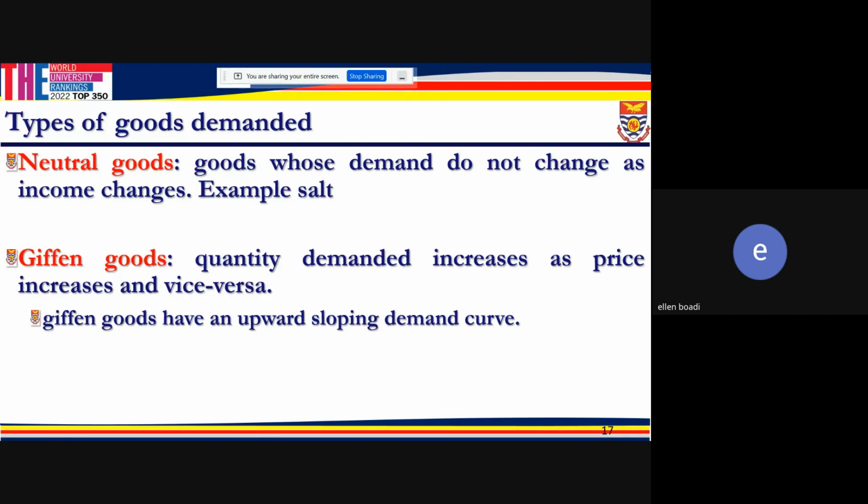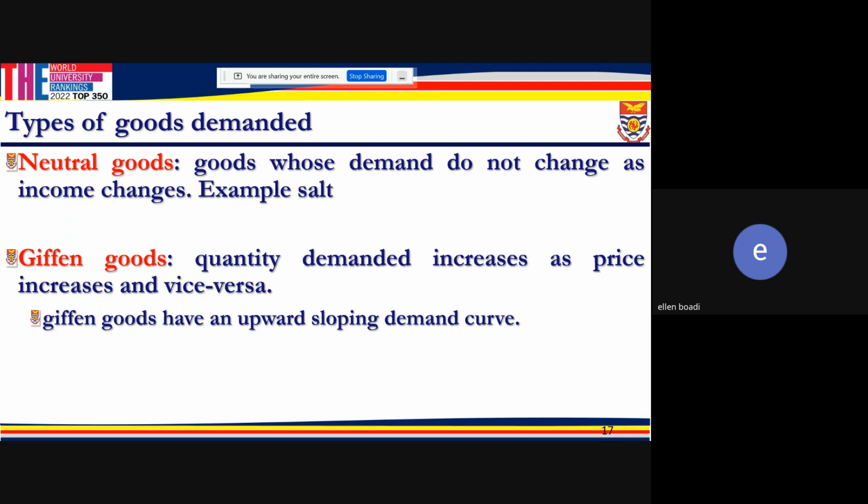Any other question? Okay. So far we've been able to look at what we mean by demand, and we said demand describes the behavior of a consumer. As price increases, what is happening? We want to simplify the analysis. That is why we are looking at two variables at a time. But we also appreciate that there may be other factors. That is why in stating our demand curve, we said all things being equal.